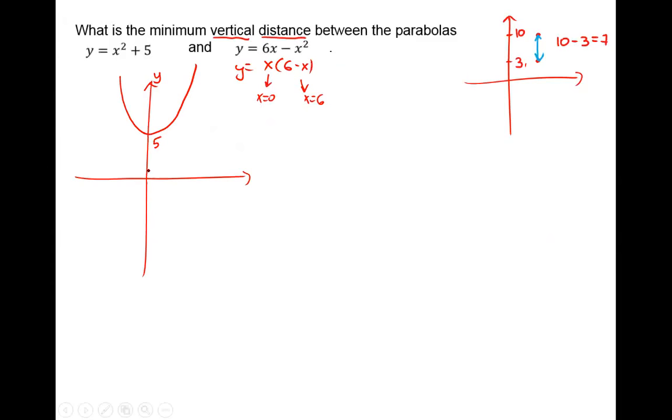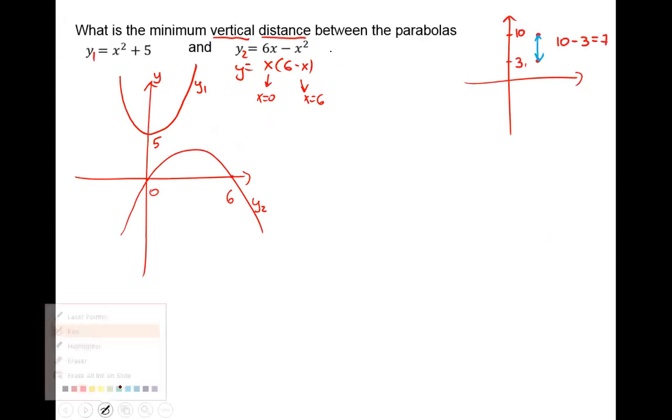That means 0 and 6, and the parabola opens down. Probably it's a little bit higher, but let's just leave it. That means this is my first parabola, y1, and this is y2. And now the vertical distance, I don't know, the minimum somewhere here, between y1 and y2.